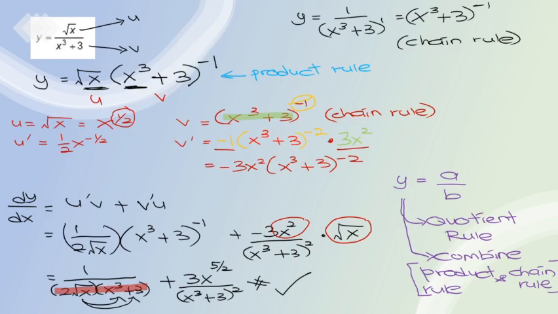V prime. So di sini you kena guna chain rule. Okay, so yang asal ini adalah product rule. So maksudnya ada combination lah product rule dan chain rule.